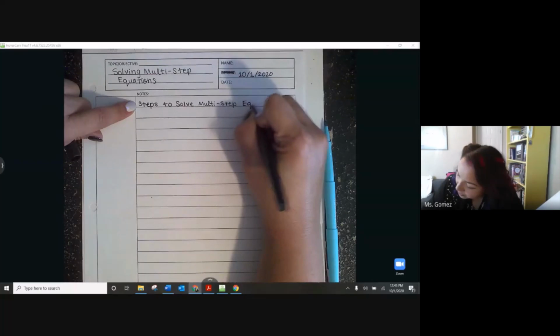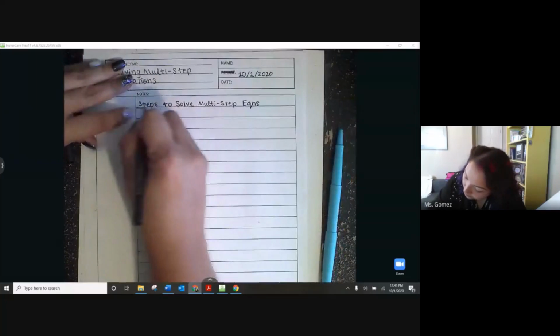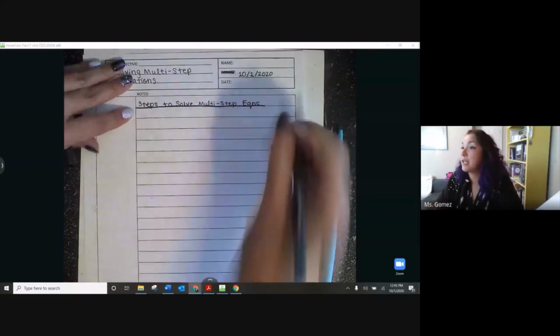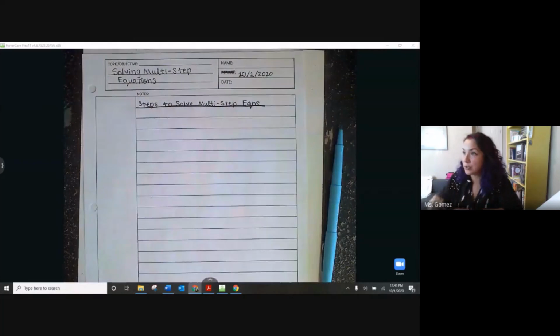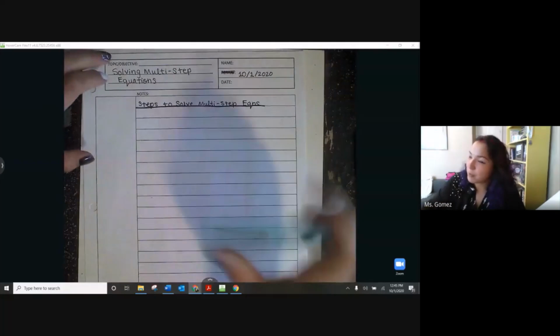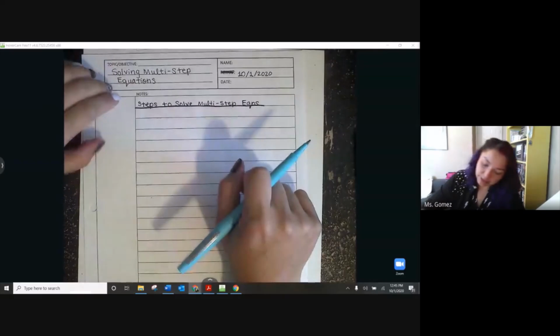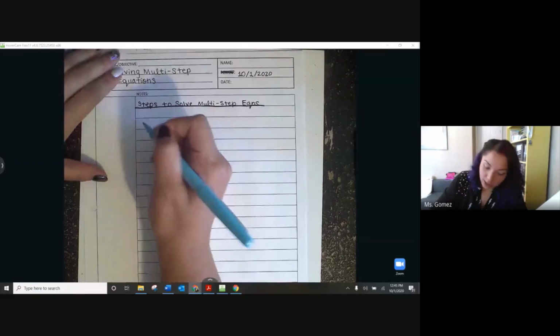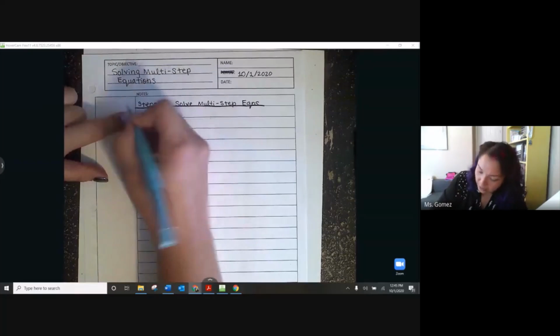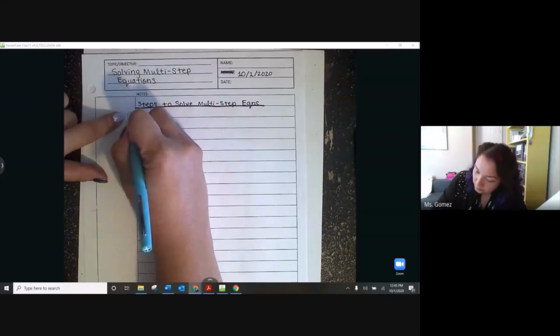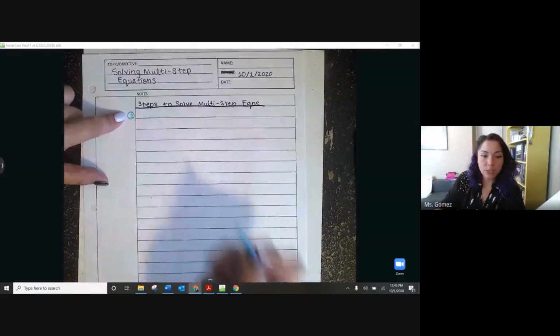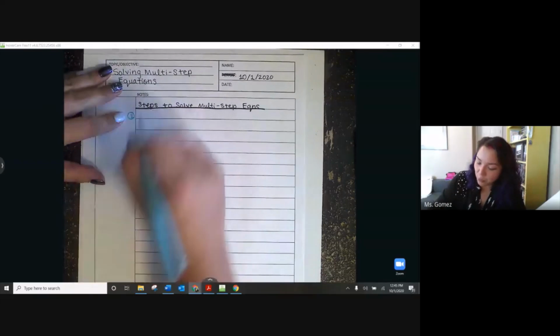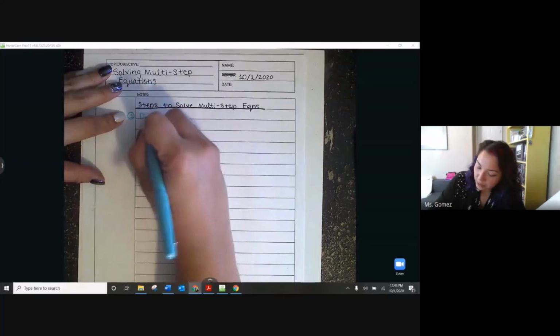And I'm going to abbreviate that. Now I want to get this part out of the way first. So, step 1. This is going to be in blue. Now, this one's really important. I'm going to write it out a little different here.